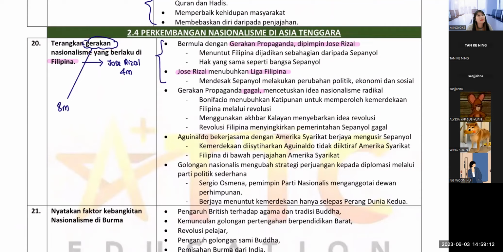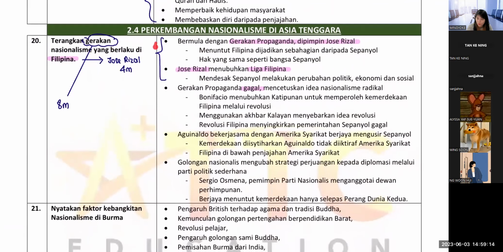Essay: you can choose to give 1, 2, 3, 4, 5, and another 2 Huraian in the middle. Each dot is 1 mark, each dash is 1 mark, to be exact. So for example, this is 8 marks. You can put 1, 2, 3, 4, 5, then 6, 7, 8. You can do it like this.